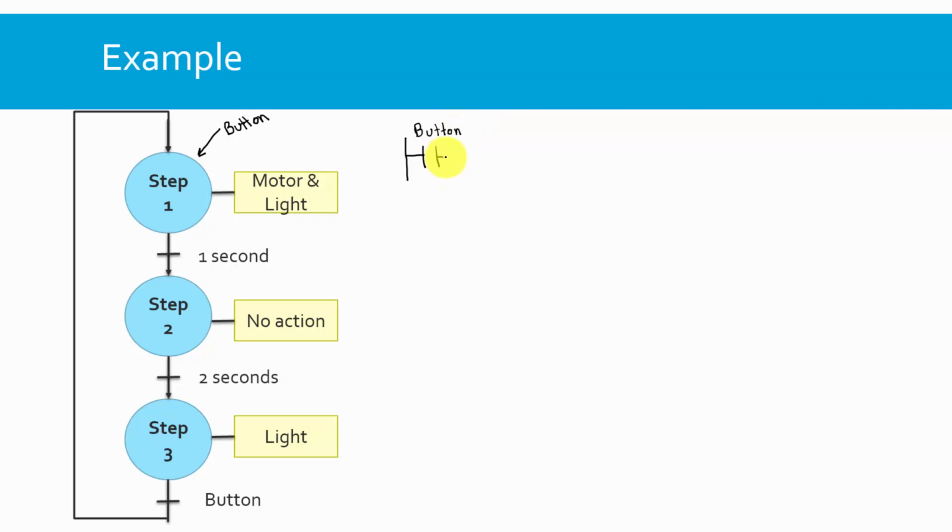But also remember that even if this is the only condition for the program to start, we need to put not any state on. So we're going to put step 1 not present, step 2 not present, and step 3 not present.